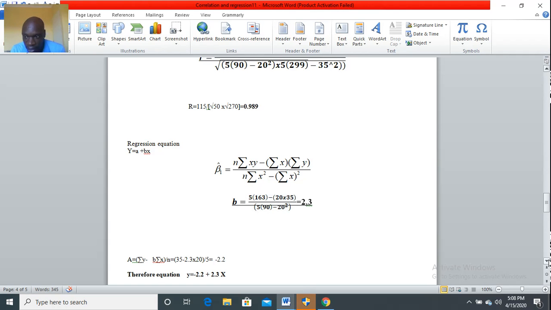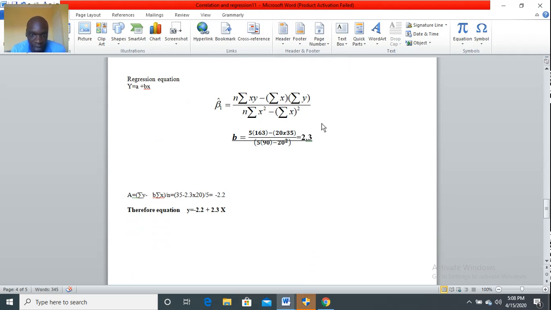Then when I finish, I put the answers in this equation. This is how to find a, this is how to find b. So this is the substitution. These are the formulas, and the same data that we used today is the one which we use. So this is the equation.